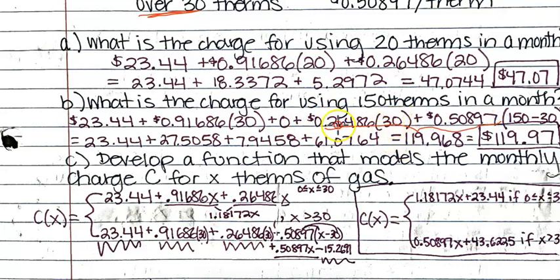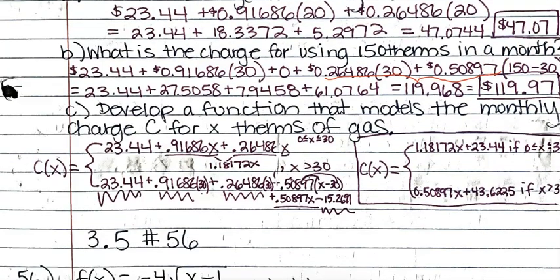The first 30 at this lower rate, the remaining amount, so 150 was the total, but it's only the remaining amount. So I have to subtract 30. So this should be 120 times the higher rate. So then I added up all those pieces together. Again, we're talking about money, rounded it to the nearest cent there at 119.97.